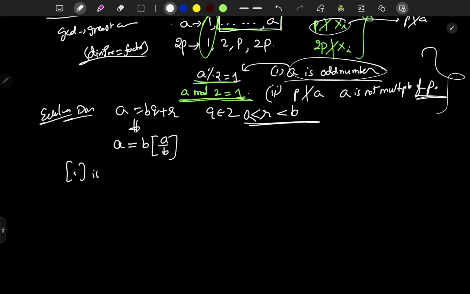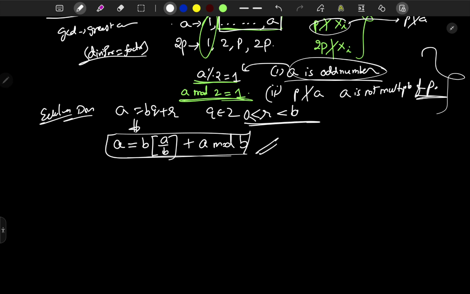This is called GIF, the greatest integer function, meaning the floor function. For example 3.5 gives 3, and minus 4.5 gives minus 5. I discussed these things in the L1 lecture. And r is the remainder. This is the basic funda.